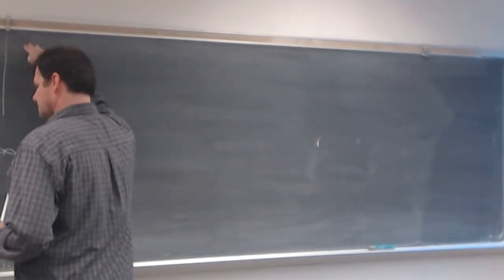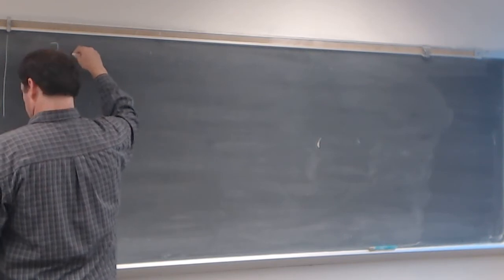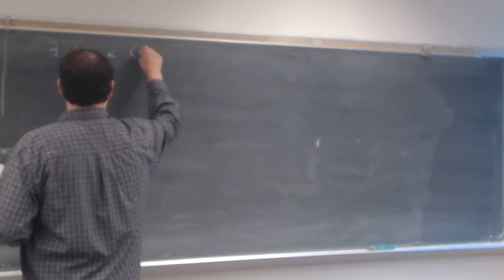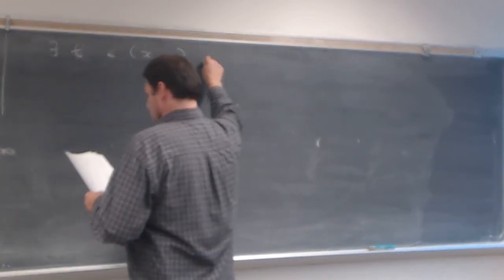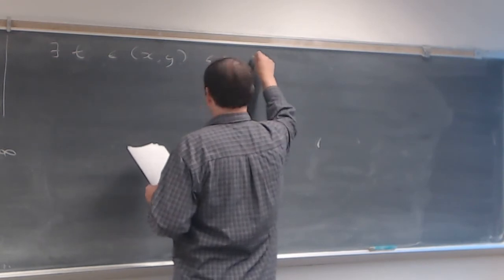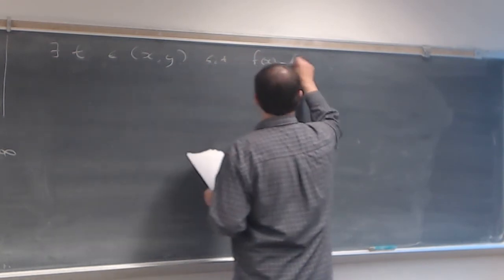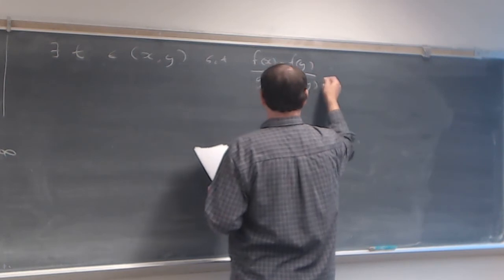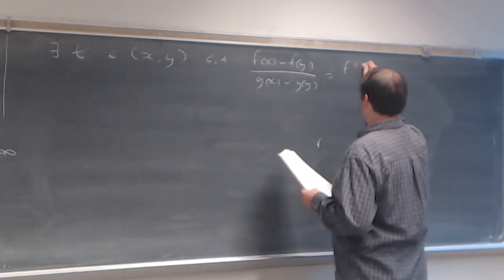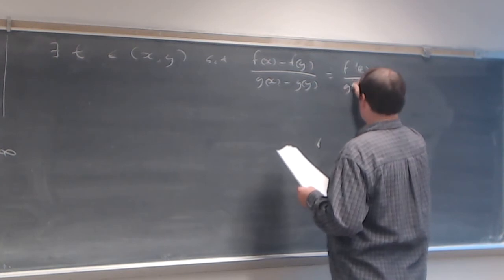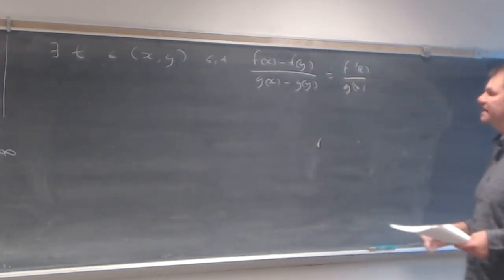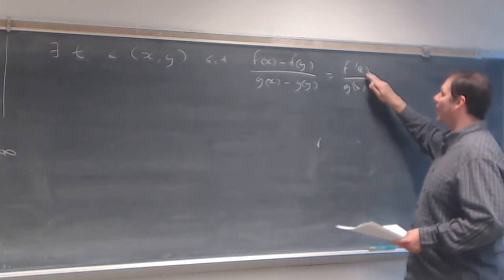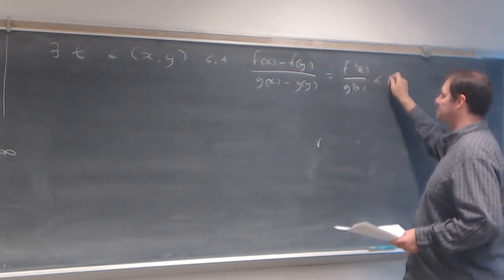There exists a t, an element of the open interval from x to y, such that f of x minus f of y over g of x minus g of y will be equal to f prime of t over g prime of t. But for this fixed t, it's in (a, c), and for everything in (a, c), f prime of that over g prime of the same thing was less than r.